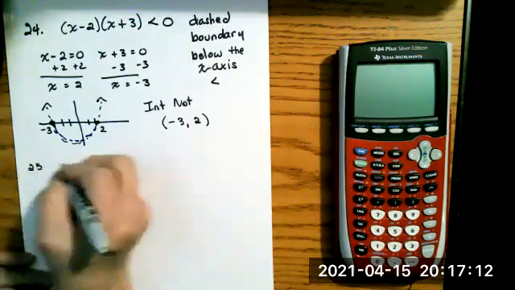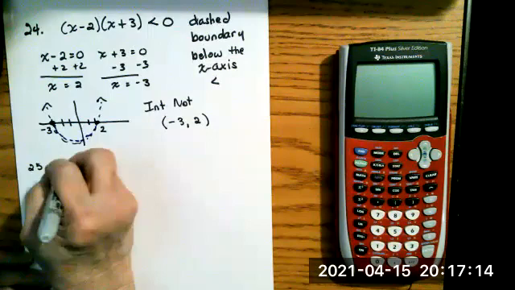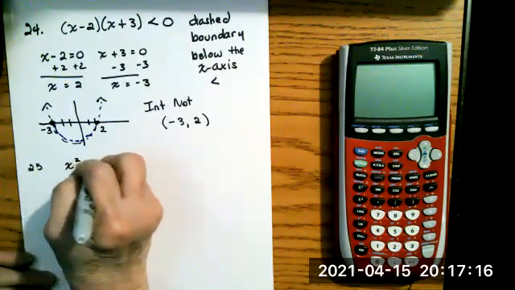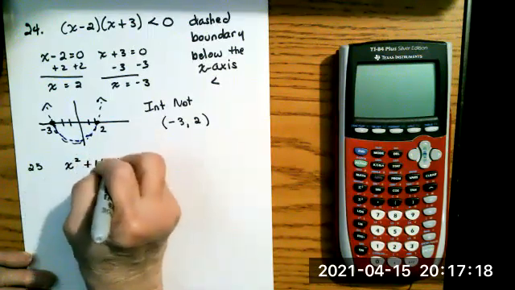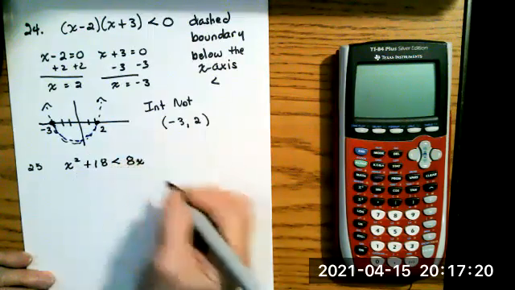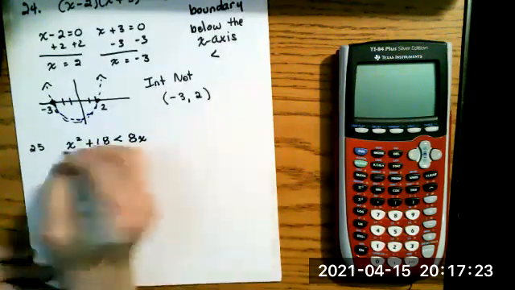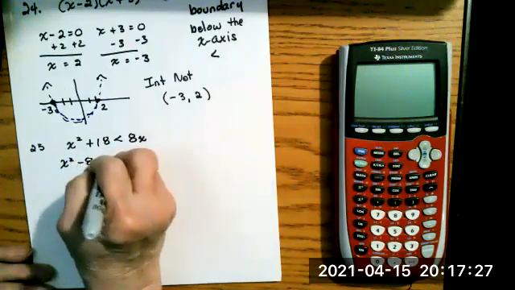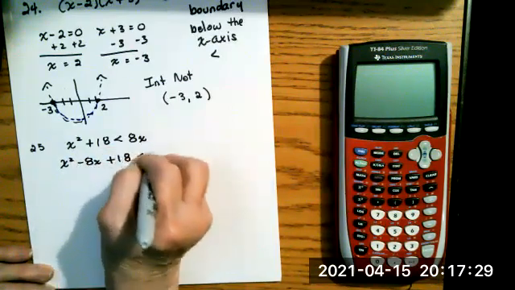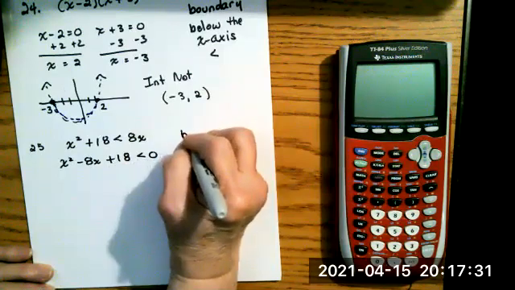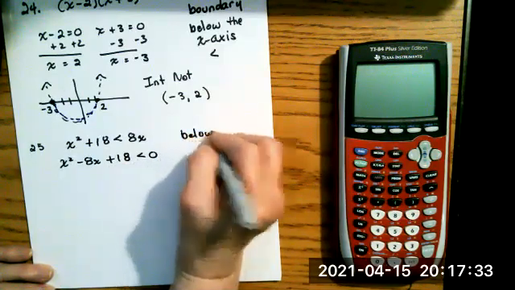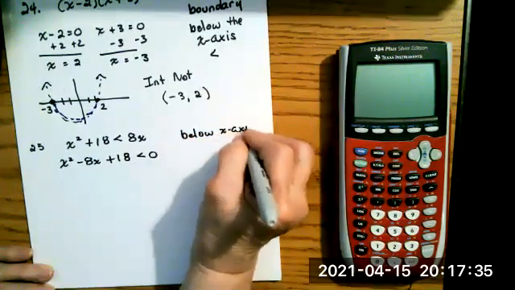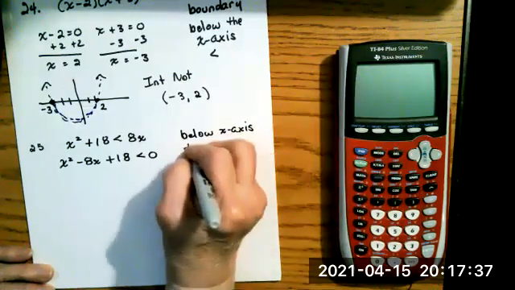Then on 25, it's just like it. We have x squared plus 18 is less than 8x. You want to move your 8x over by subtracting it from both sides. And now write down your information: you want below the x-axis, and you want dashed.